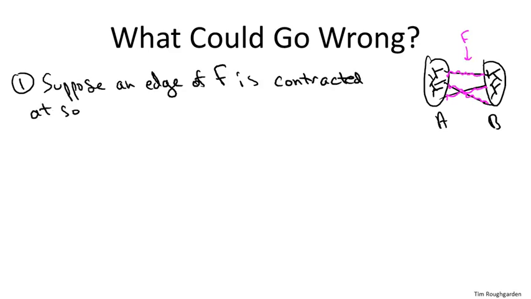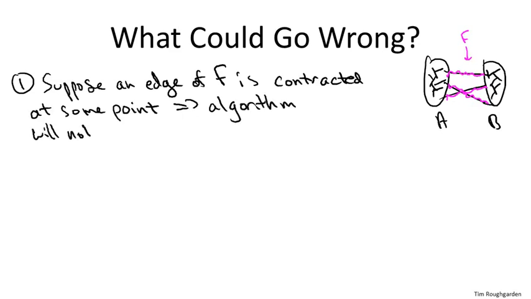That means in the cut that the contraction algorithm finally outputs, this node from A and this node from B will be on the same side of the output cut. Okay, so the cut output by the contraction algorithm will have on one side both the node from A and a node from B. Therefore, the output of the contraction algorithm, if this happens, will be a different cut than A, B. Okay, it will not output A, B if some edge of F is contracted.